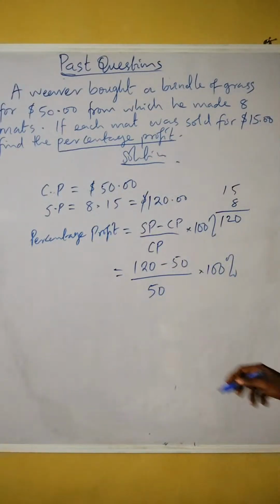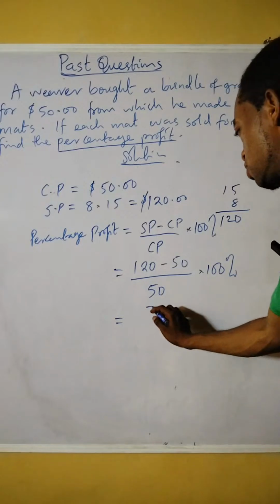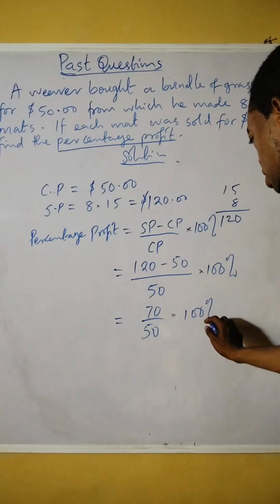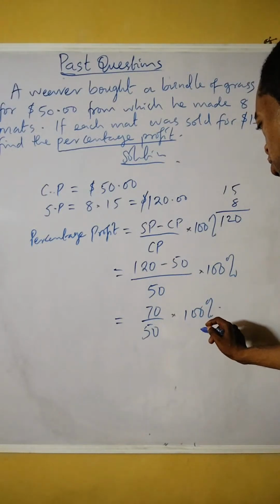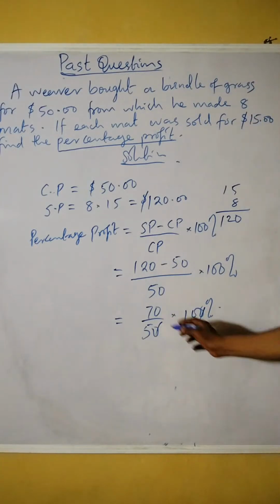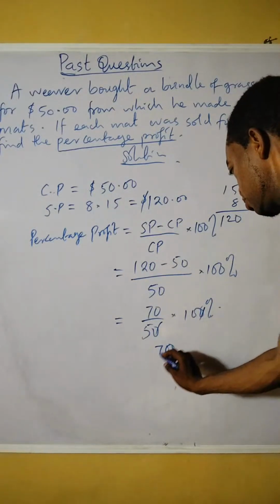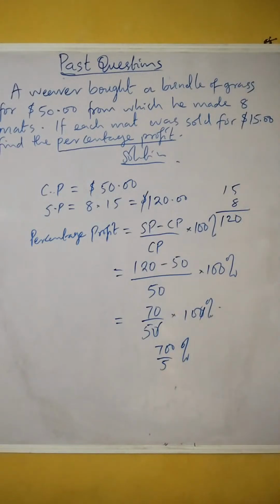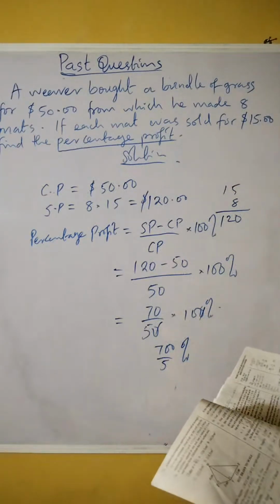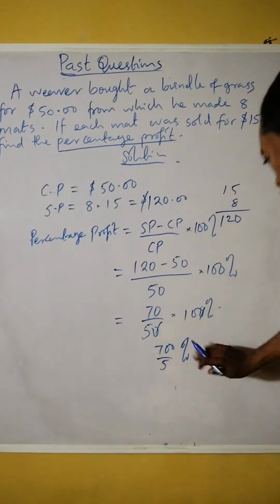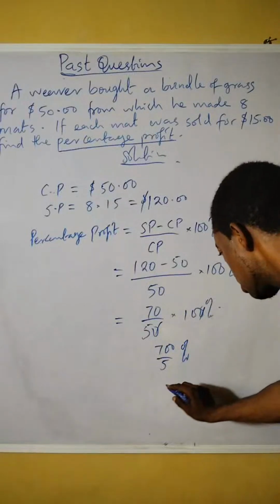So this becomes 70 over 50 times 100%. That is 700 over 5%. When we reduce this, that gives us 140. So that's 140 percent.